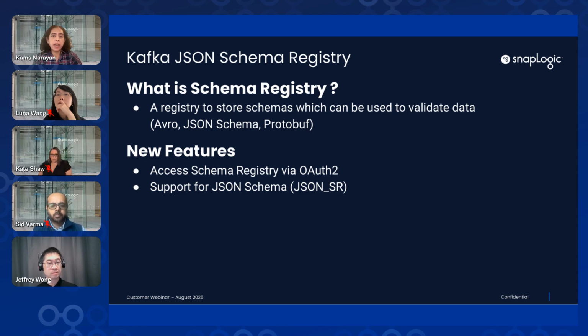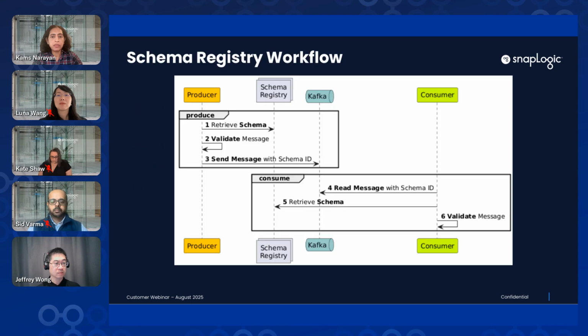The features we've added here are, first, support for OAuth 2 accounts for the schema registry, and second, the ability to look at the JSON SR schema format, supporting it from both the Kafka producer side and the Kafka consumer side.